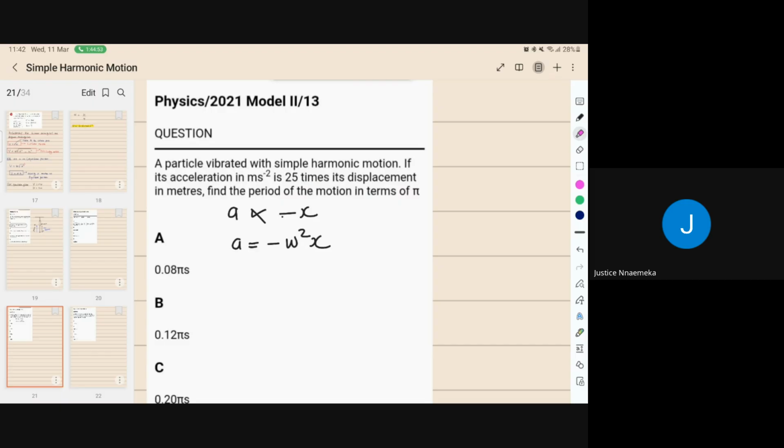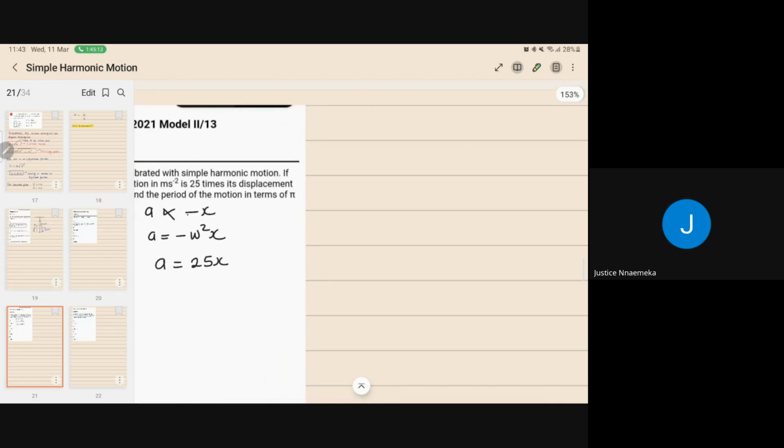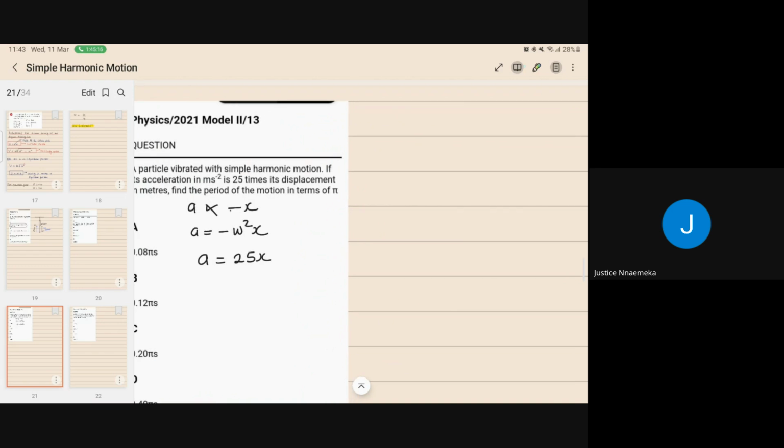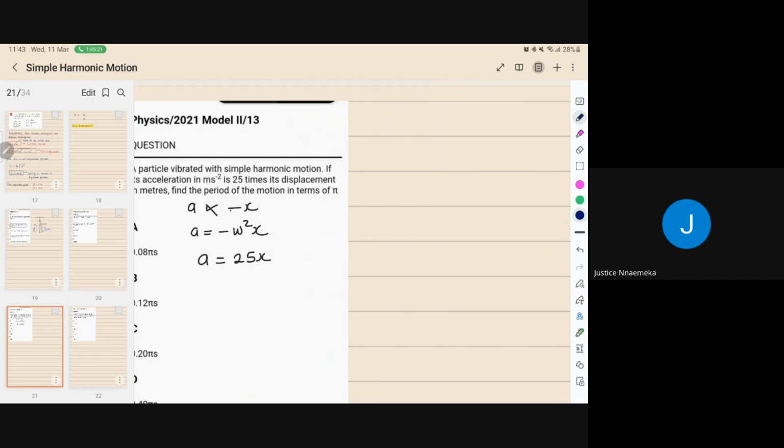So they said that your acceleration a is equal to 25 times your displacement. Are we together? Let me write it here, in case when we get the PDF, sometimes it's very small when you write on the other side of the paper. Remember what I said from the introduction, that a is directly proportional to the displacement, from that formula omega squared x.